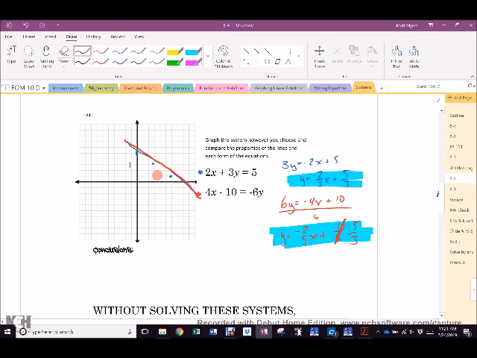Let's look at the third line. Those lines are right on top of each other. How many times are they touching? Every single time, right? So because the lines are the same, they have infinite solutions.